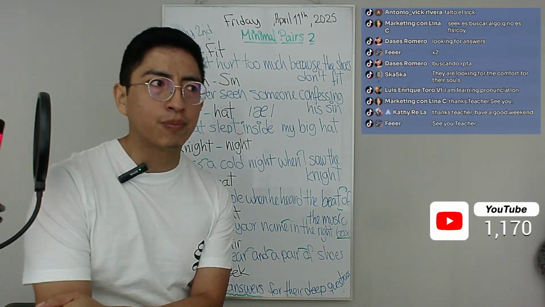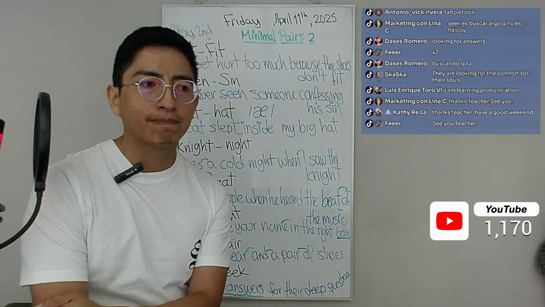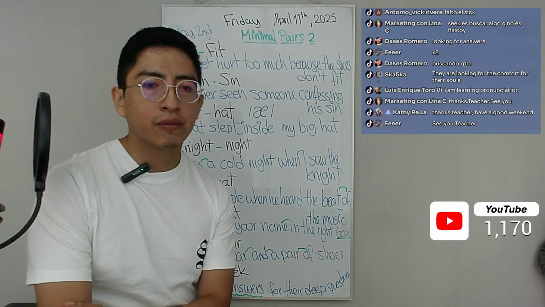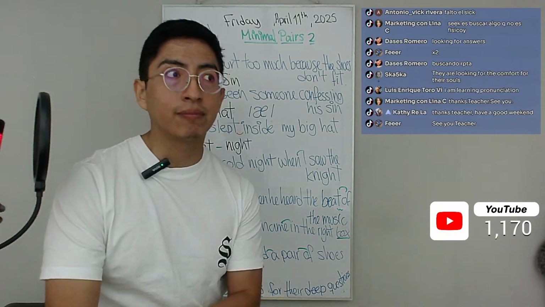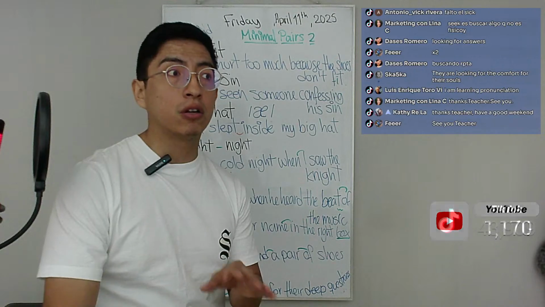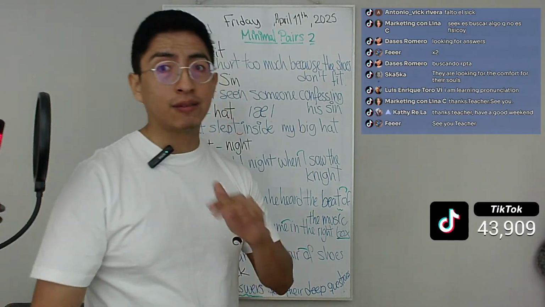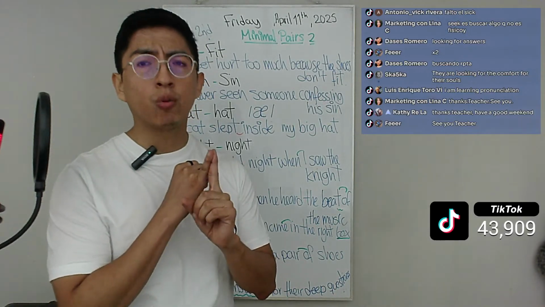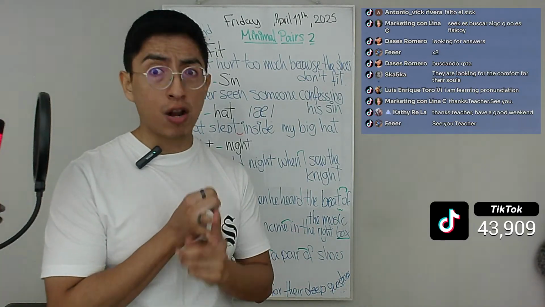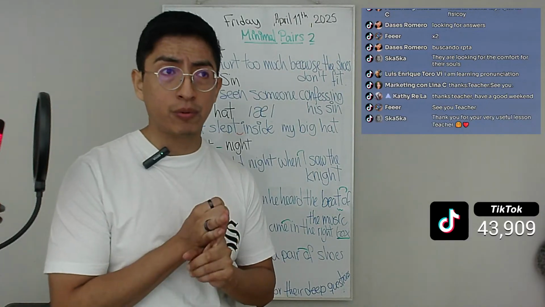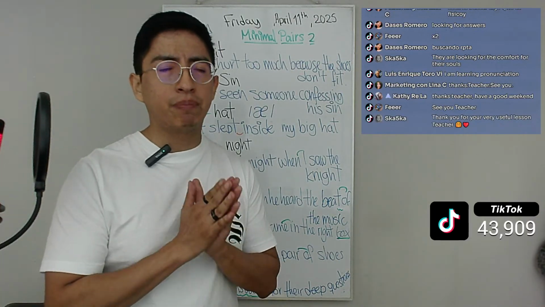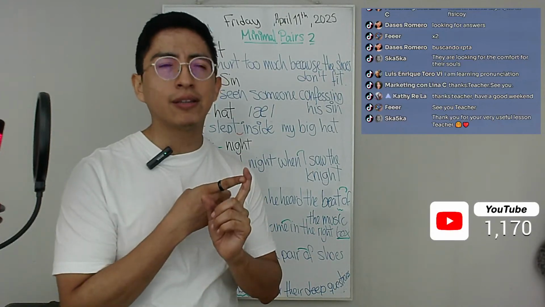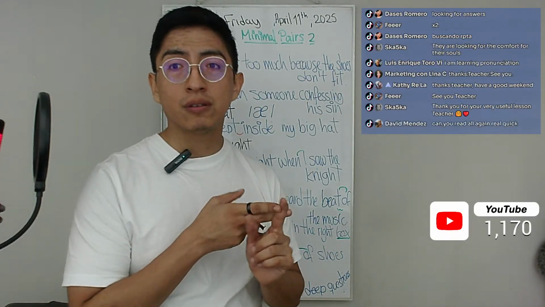Remember that in the case of pronunciation, it's very helpful. But if you're starting to learn English or you're in the middle, what's more important is vocabulary and grammar. This is something very important. If you're at the very basic level, grammar and vocabulary are very, very important.